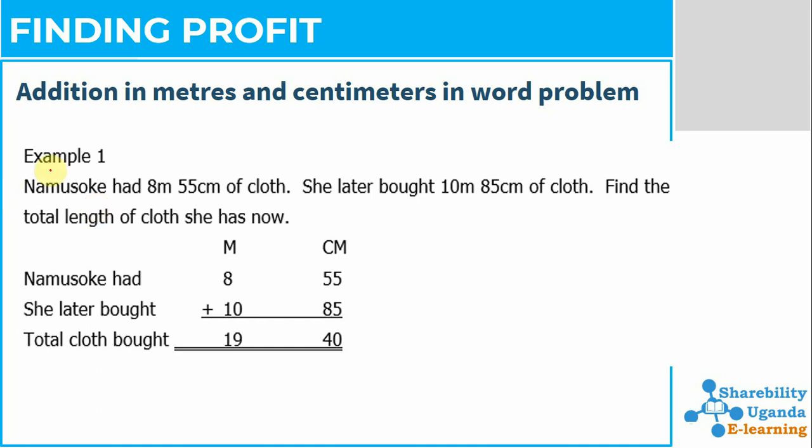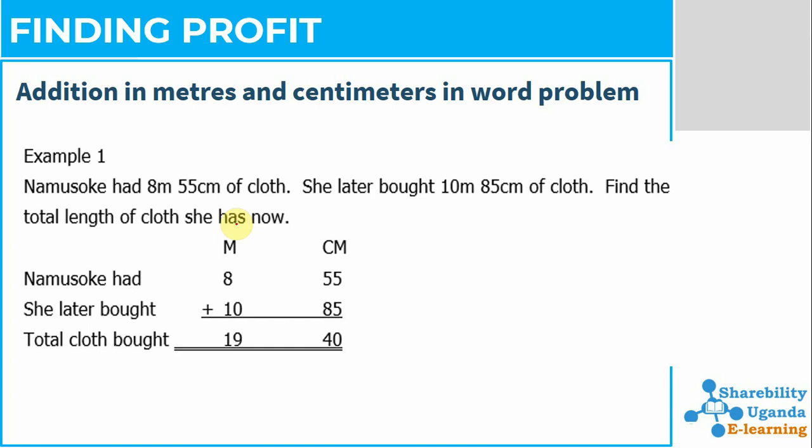So let's look at addition, and an example is here. They are saying Namsoke had 8 meters and 55 centimeters of cloth. She laid about 10 meters and 85 centimeters of cloth. And then they say find the total length of the cloth she has now.